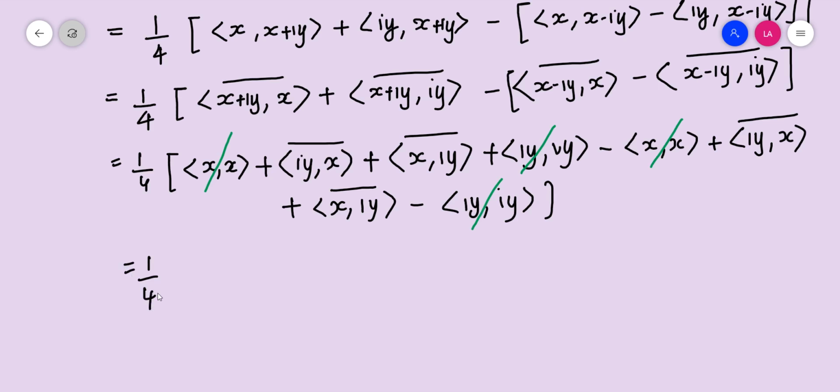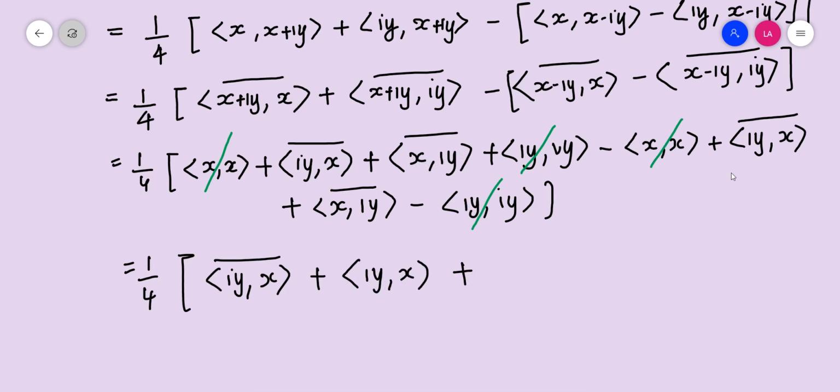1 by 4 times inner product. Now this can be written as, the first term is written as same, inner product iy x conjugate. Now this can be reversed, inner product iy x, because the property of inner product x iy conjugate is inner product iy x.